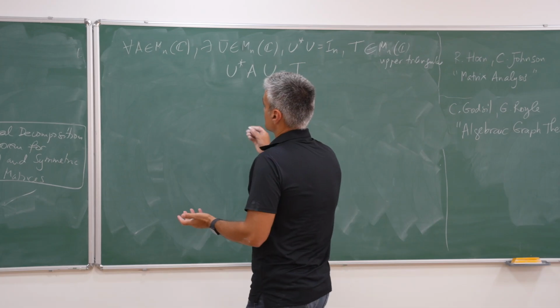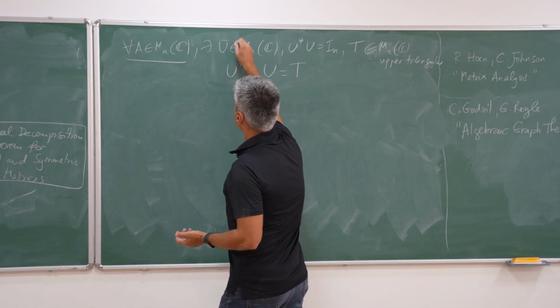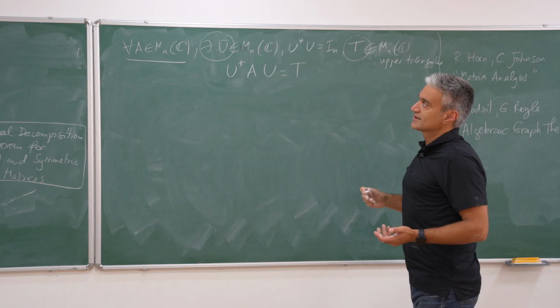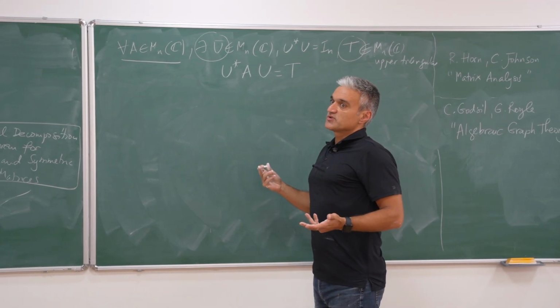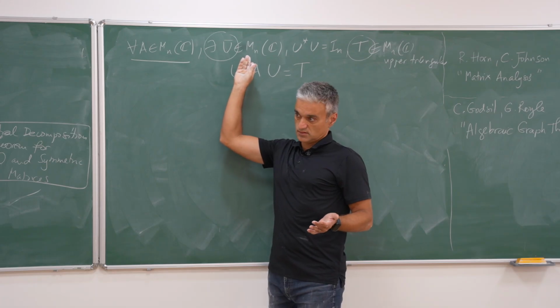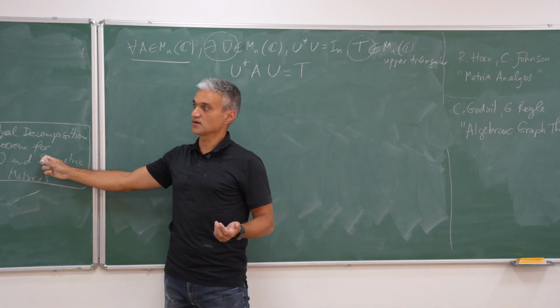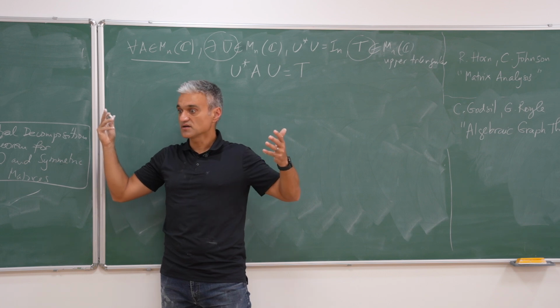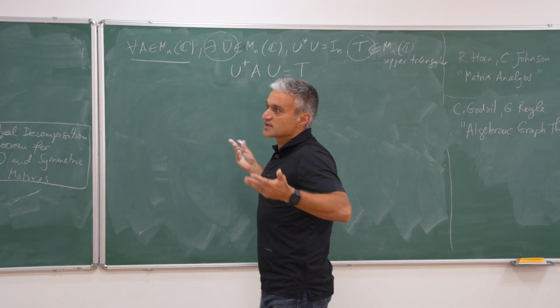So the whole thing is, you give me the A, and you're looking for the U and the T. Now, in the previous parts, what was U formed by? Like in the case of the spectral decomposition theorem, how can you think of U? The columns are eigenvectors. So that's the same idea here.